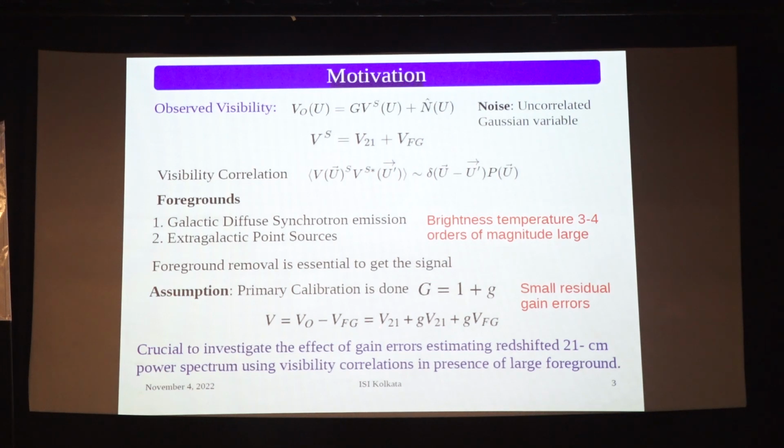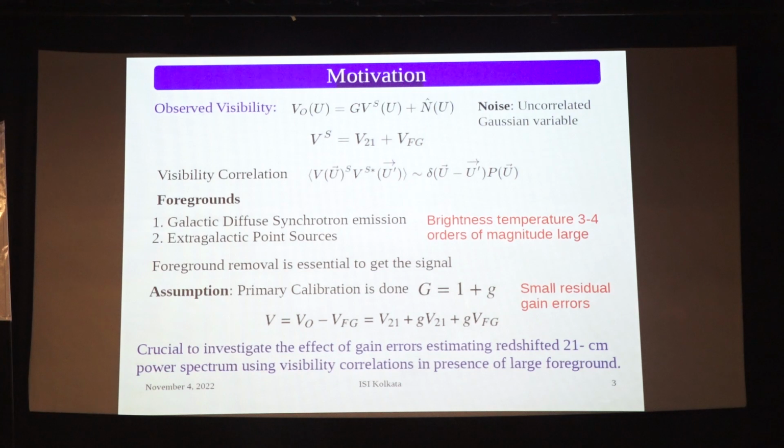So we are left with V21 and g times V foreground. As foregrounds are very large, even though g is small, this g times VFG can still dominate over the 21 centimeter signal. And as we are using these visibilities to estimate the power spectrum, this component can propagate and give us biased results of the power spectrum.